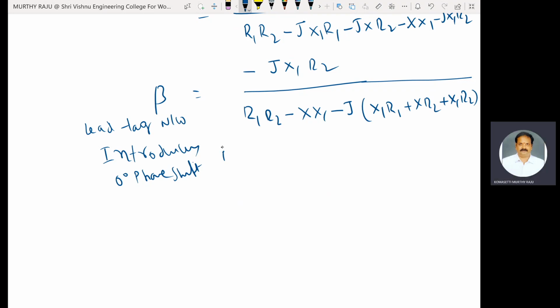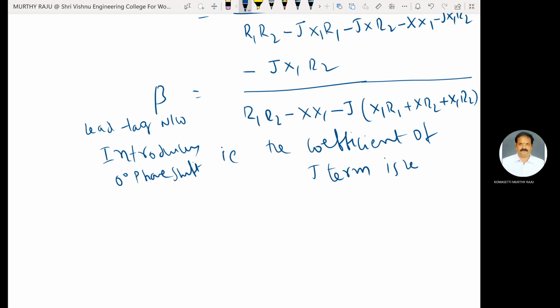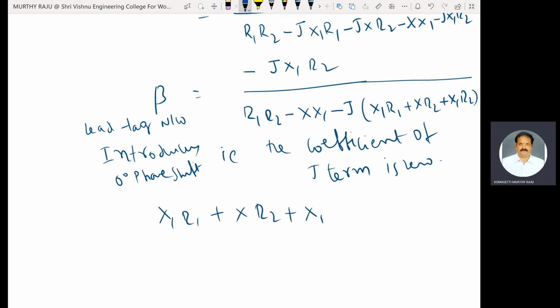That is, the quotient of the J term is 0, with x1 R1 plus x R2 plus x1 R2 in the denominator.